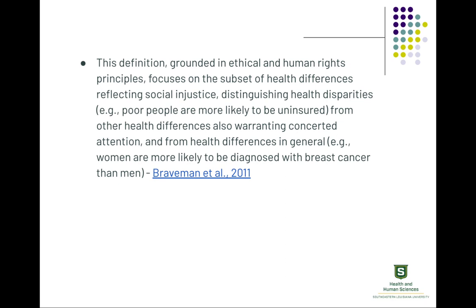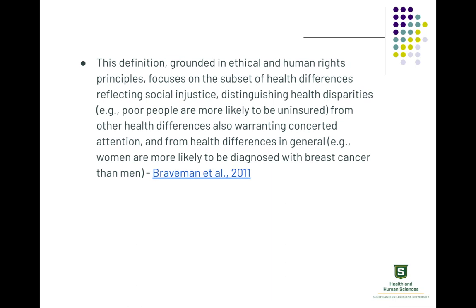For example, if one has a low income, you are more likely to be uninsured or underinsured versus someone who is earning high. In this case, this is a variation in terms of insurance coverage, but there's an ethical part of it in the sense that society can be shaped in such a way that some people are kept poor, while some people are more likely to become wealthy.